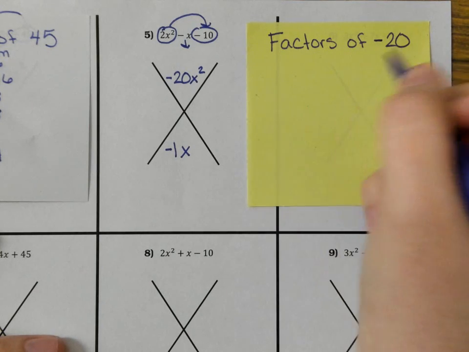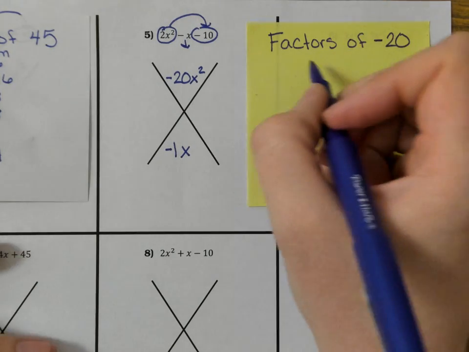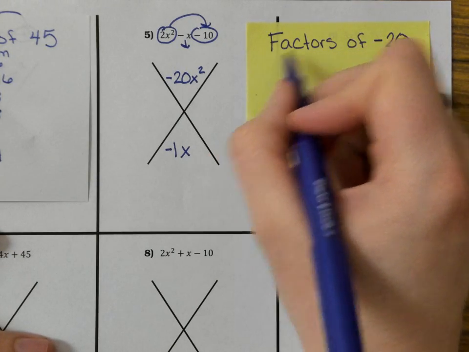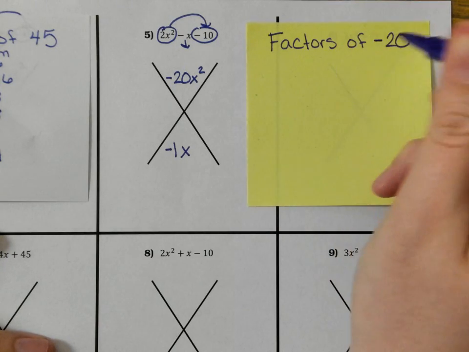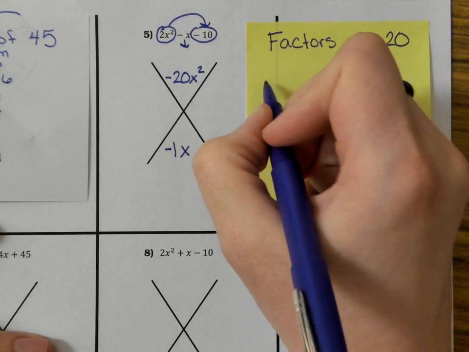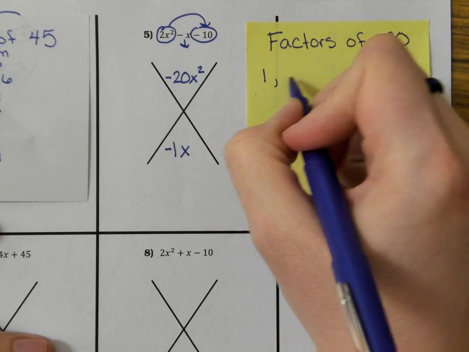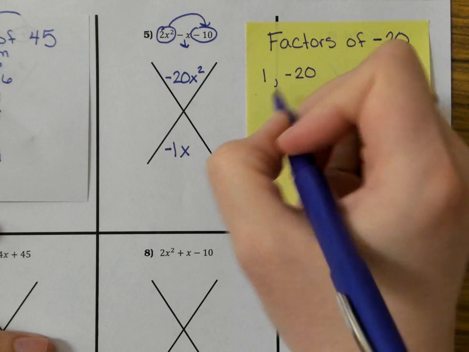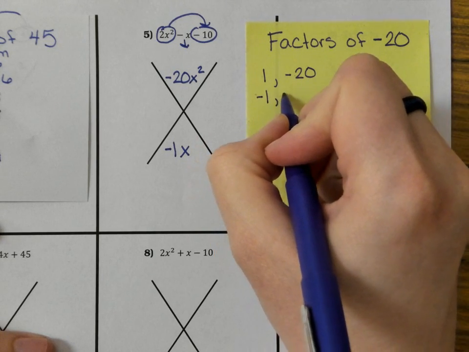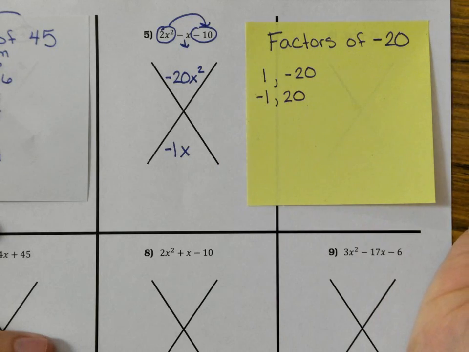So when you find factors of a negative number, that means one number is positive and one number is negative, right? When you multiply, a positive times a negative is a negative. So I have 1 and negative 20. Or I flip the negative and I put negative 1 and positive 20.